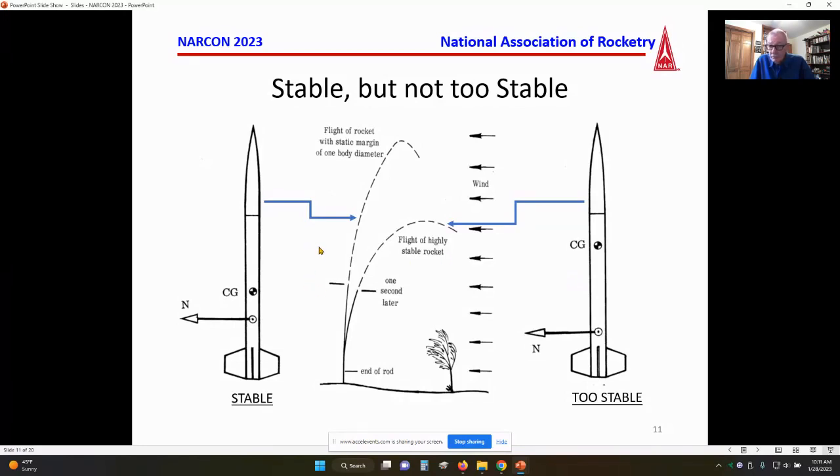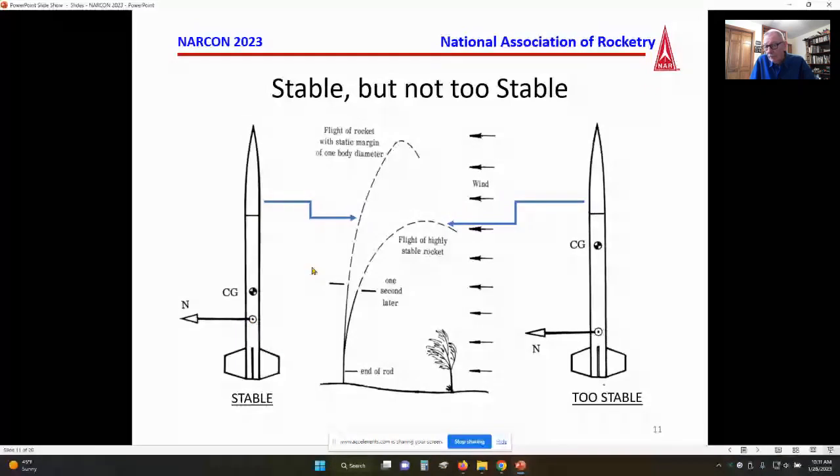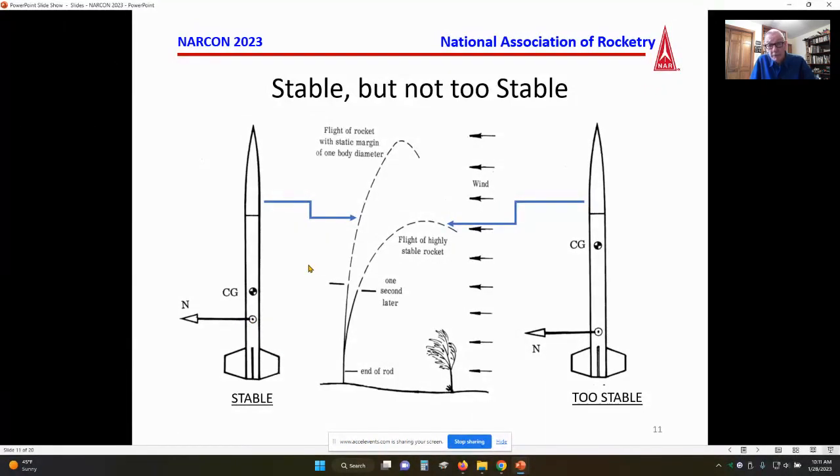The rule of thumb has been for many years to fly with about one nose diameter difference between your center of pressure and your center of gravity. That's a good way to do it.